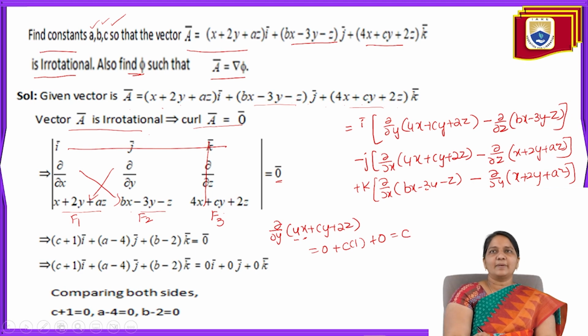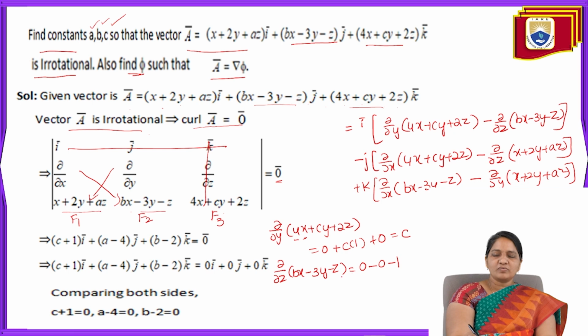Next, dou by dou z of bx minus 3y minus z. Here we are differentiating with respect to z, right? So b and x both are constant, so that is 0. Next, minus 3 and y both are constant, that is 0. Minus 1. Why are we writing minus 1?